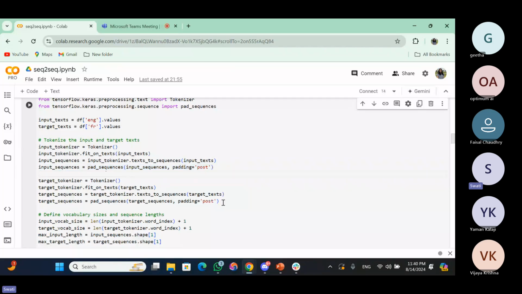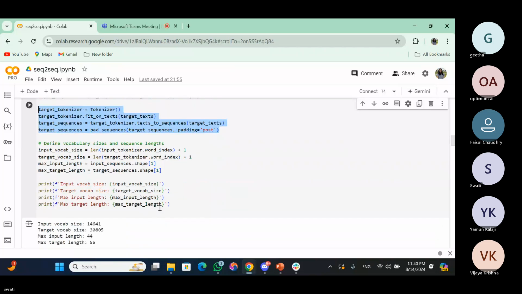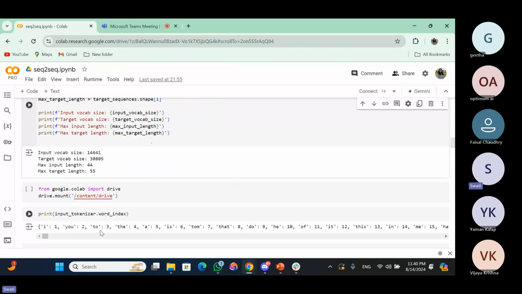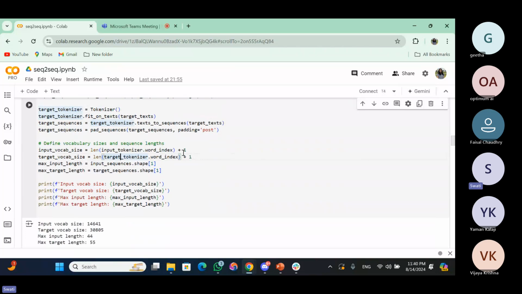And we do the same for the target sequences. What will our input vocab size be? It is the size of this input tokenizer, plus 1, because we have added padding, and that padding is considered an extra word.